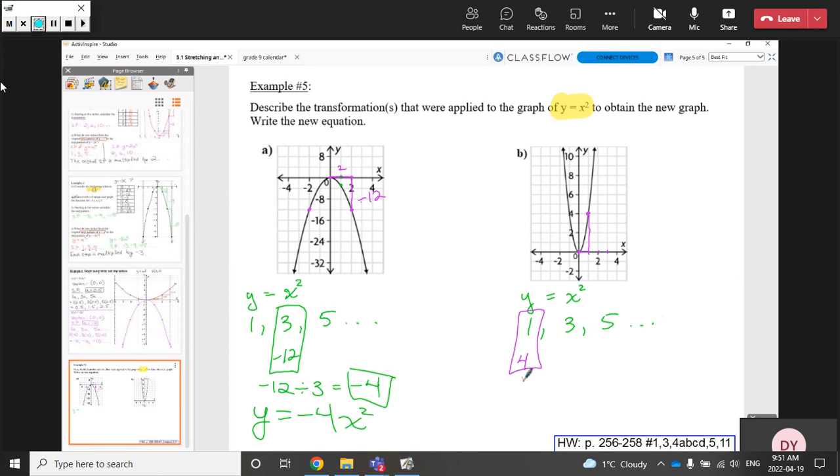It's really nice when you have the first step, because we now know the a value is just going to be positive 4, because the 4 divided by the 1 is just 4. So the equation of this is y equals 4x squared.